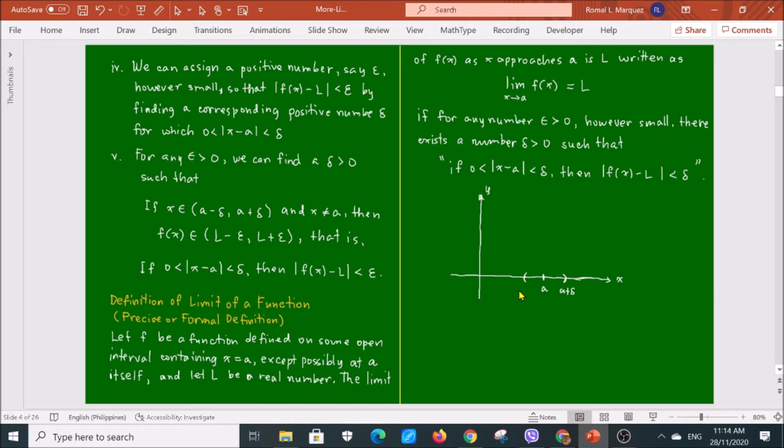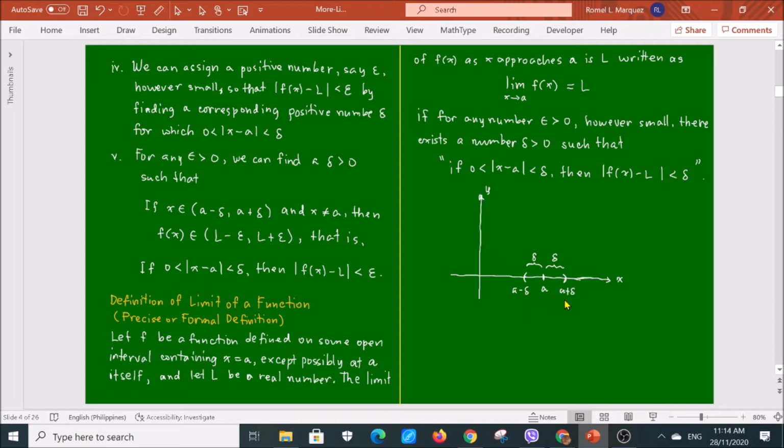And to the left, it is a minus delta, still inside but close to the left. So this distance is delta, and this is also delta.